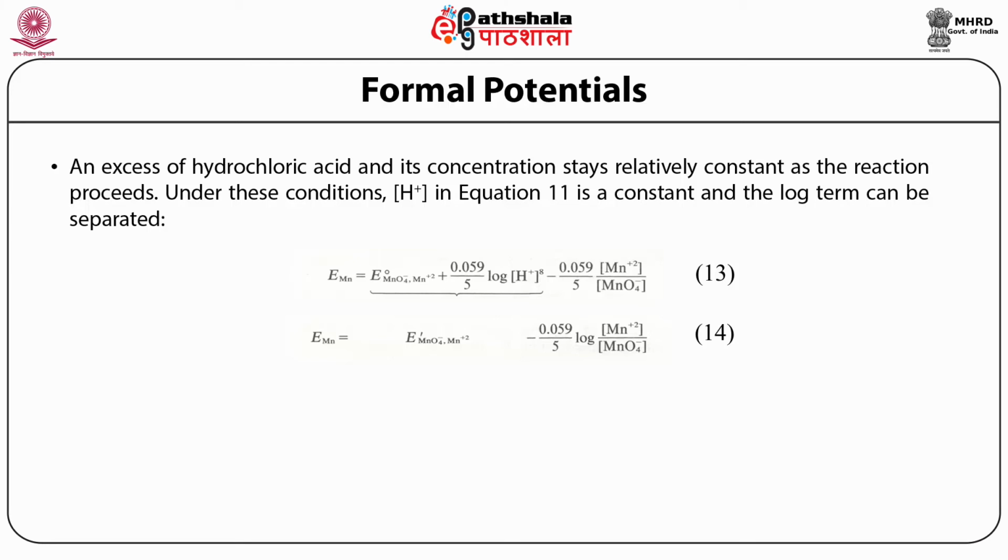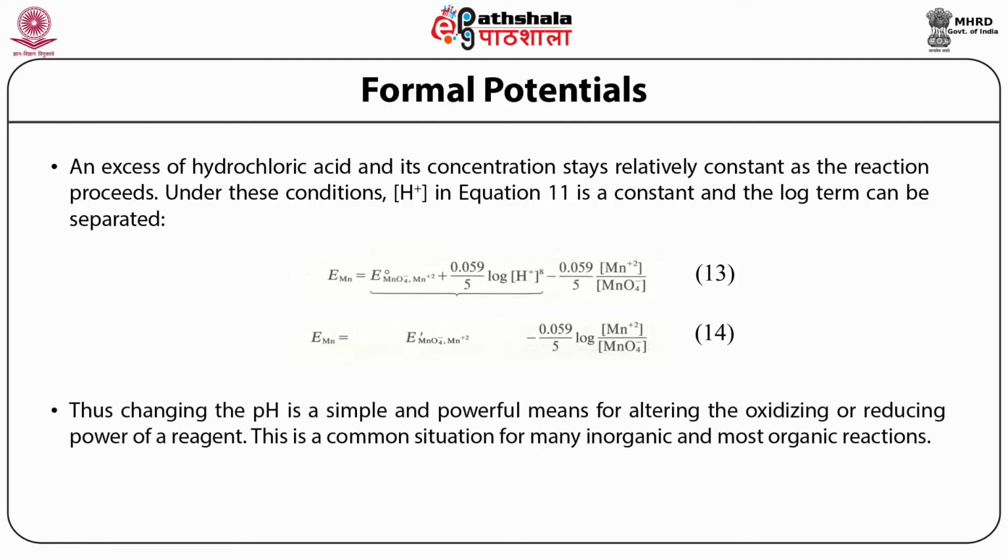E dash can be described as an effective or practical value of E0, and in this case it is seen that E dash becomes more positive by 8/5 into 0.059 volt as the proton concentration is increased tenfold. Thus, changing the pH is a simple and powerful means for changing the oxidizing or reducing power of a reagent.